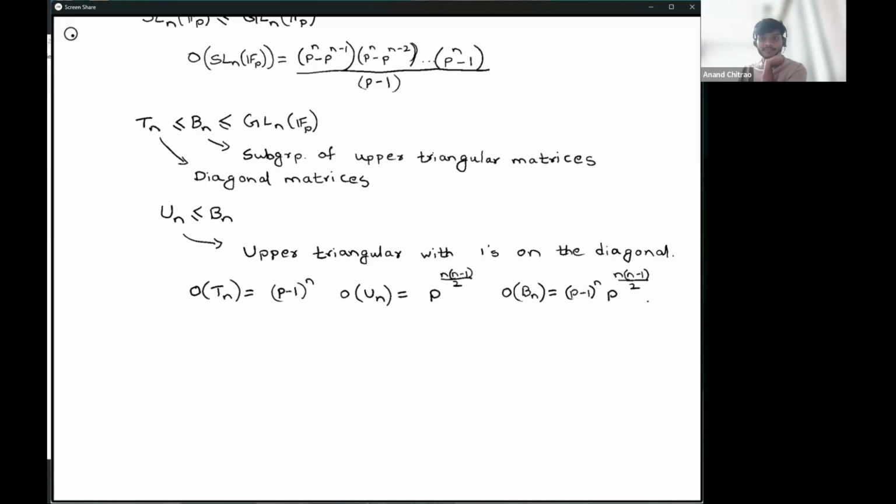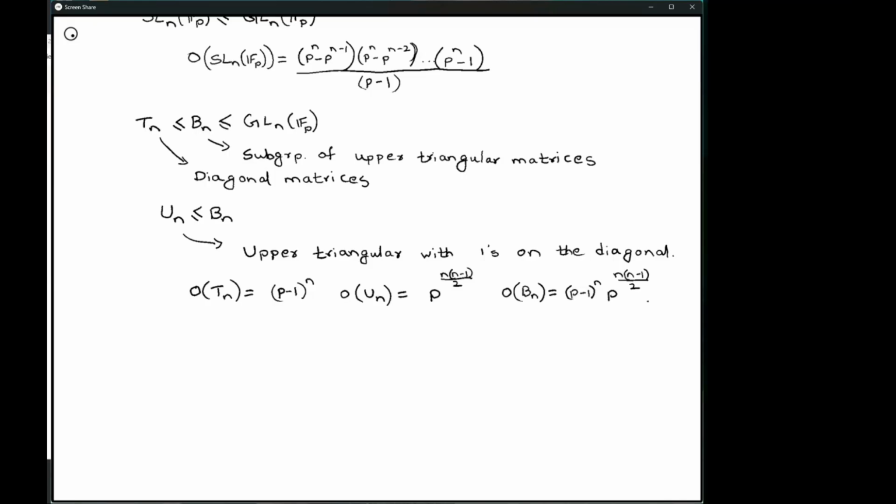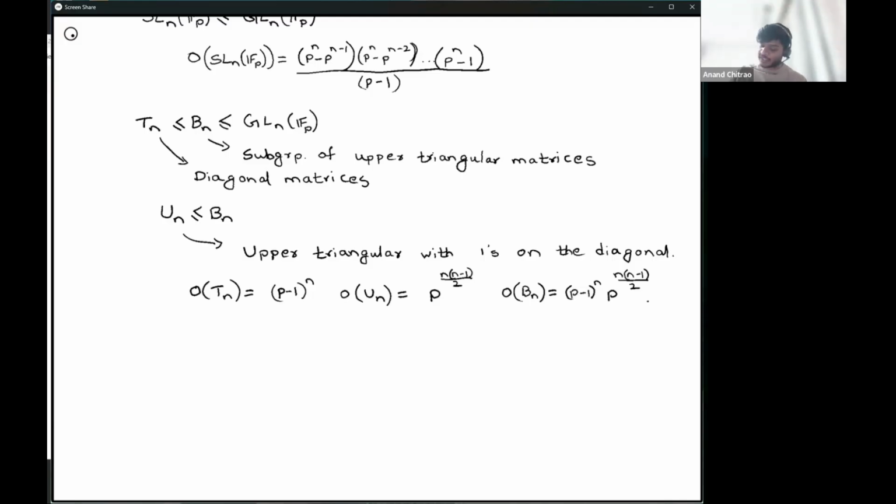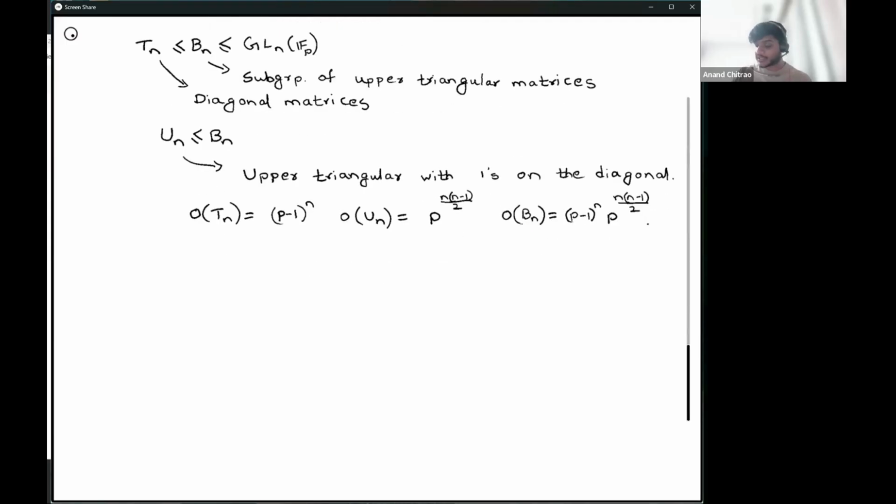So the order of Bn is the product of the order of Tn and the order of Un. This hints towards something. It turns out that Bn is what is called a semi-direct product of these, which will show up later.